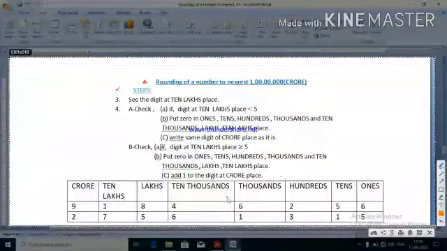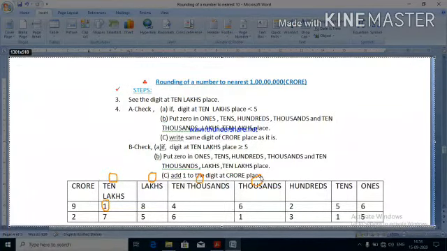Here at 10 lakh, 1 is less than 5. You have to put zeros in all the lower places and write 9 as it is. So your answer is 9 crore.